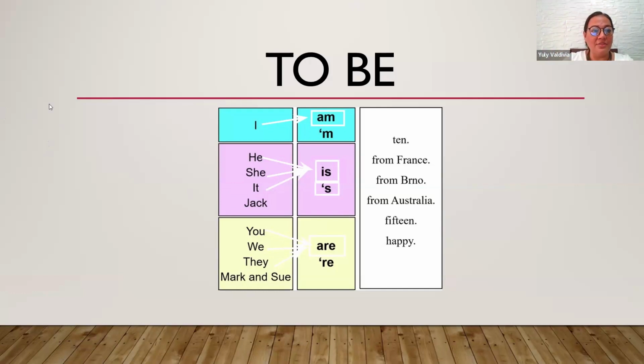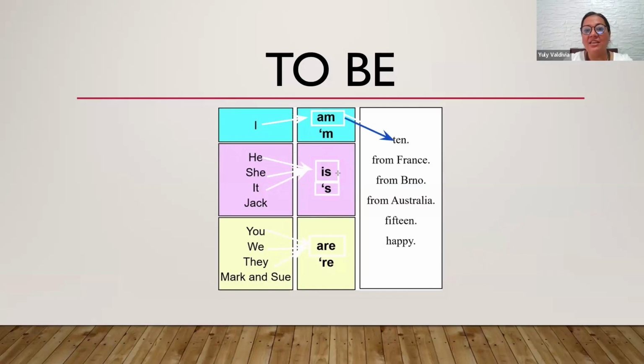This is about practice in connecting sentences, connecting words. I am 10. Okay, when we talk about age, we use a number and we say I am 10 to say tengo 10 años.